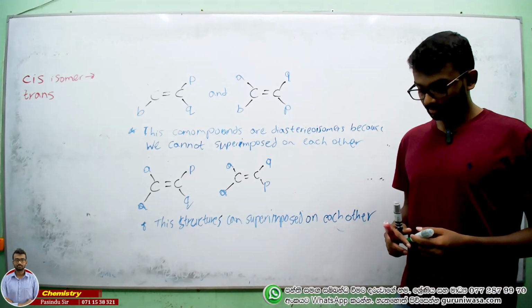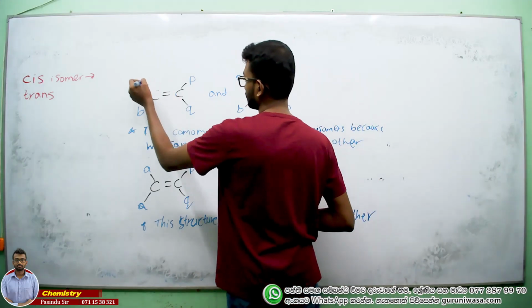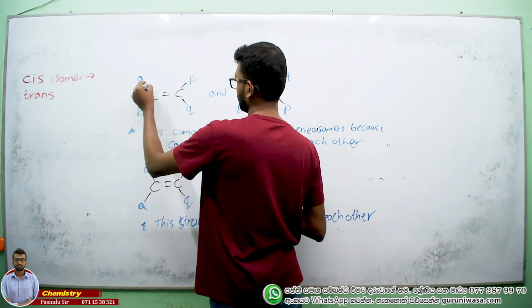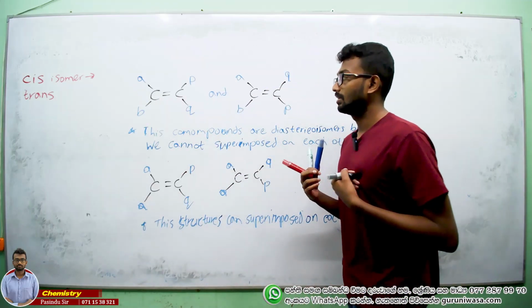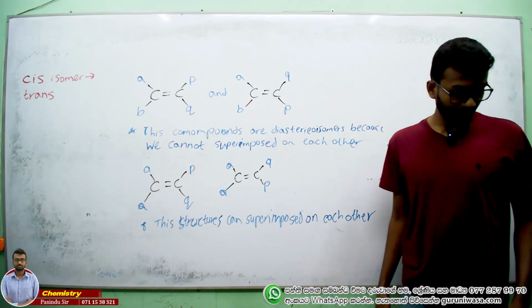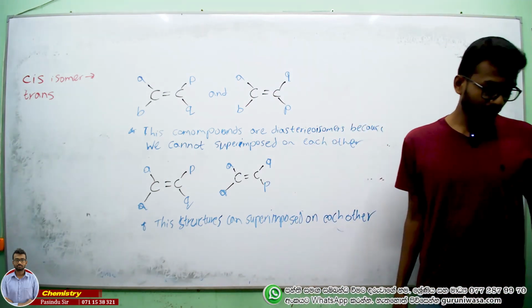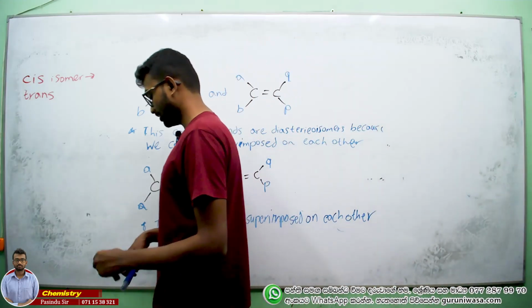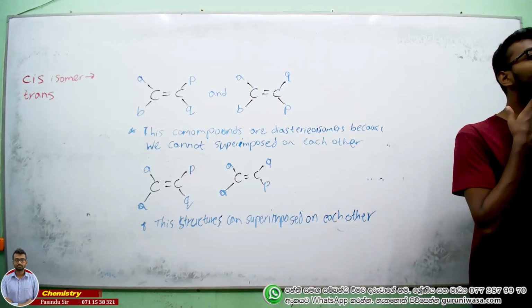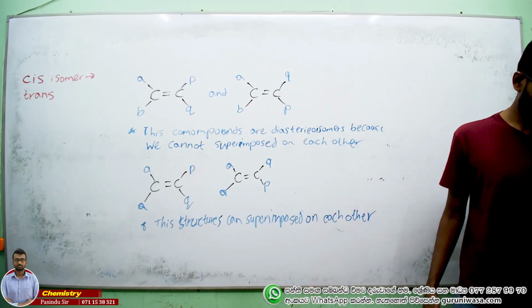Then the next one, trans isomer: similar groups on opposite sides.